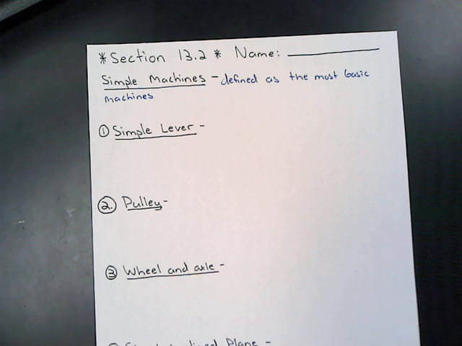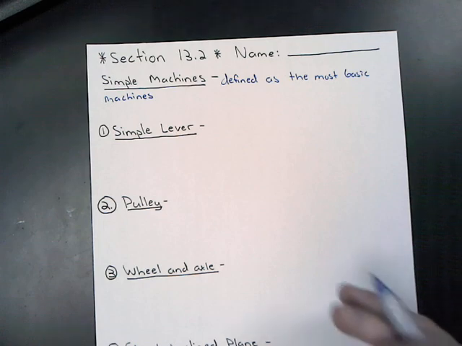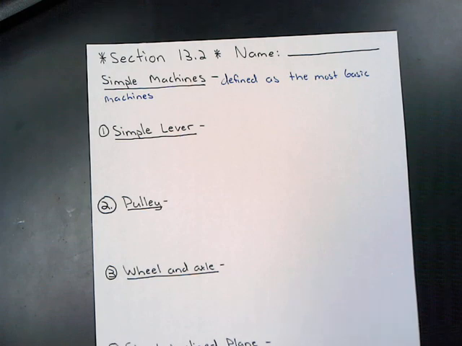Now, there are 6 different types or 6 different areas of these simple machines, and within these particular 6 classes or categories of machines, we define them in 2 broad categories known as families.